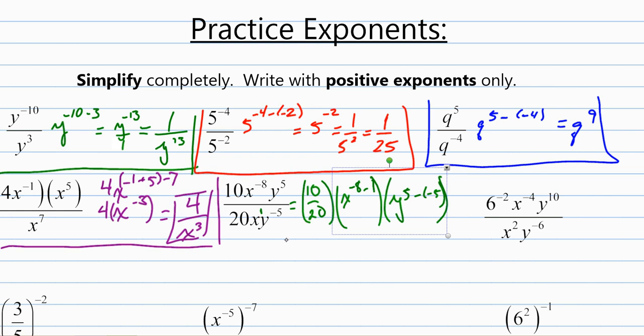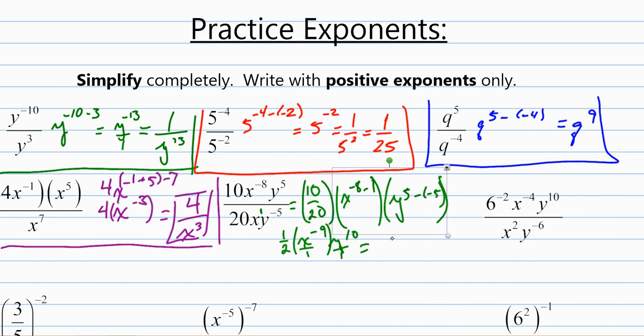10 over 20 is 1/2. X to the negative 8 minus 1 is x to the negative 9. And y to the 5 minus negative 5 gives me y to the positive 10. And so when all is said and done, my x to the negative 9th wants to move down into the denominator.